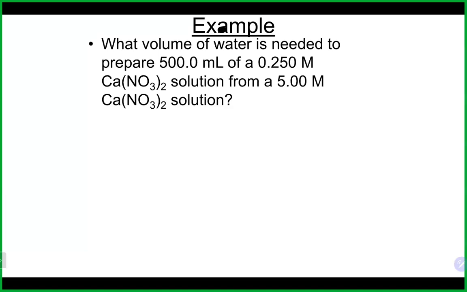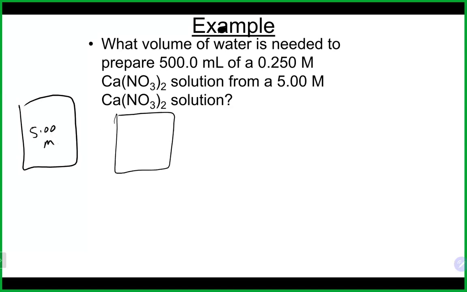Okay, so once again, we have a 5 molar calcium nitrate solution sitting there. And we eventually want to make a solution that has a total volume of 500 milliliters and a molarity of 0.25 molar. It is also calcium nitrate, which means all we're doing is a dilution here.